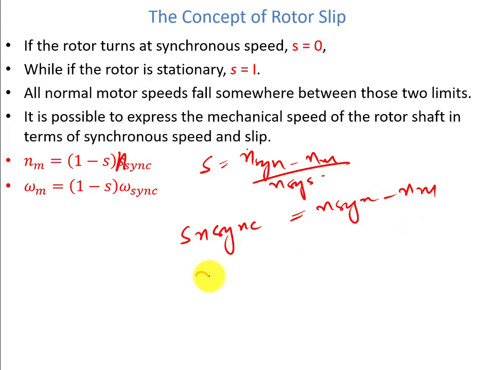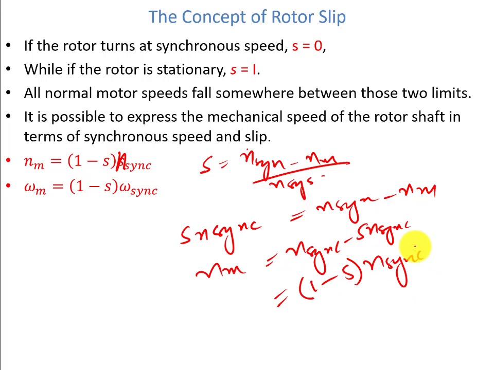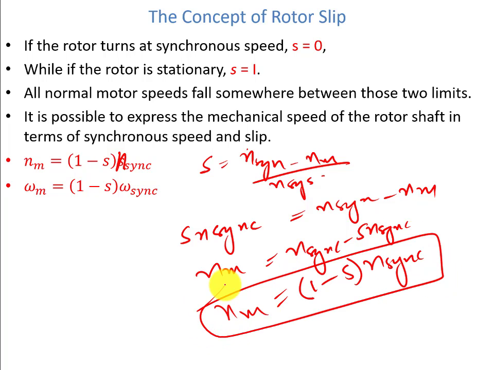Now if we take nm here and this term here, nm is n synchronous minus s into n synchronous. So we can take out n synchronous, so it will be 1 minus s into n synchronous. This is just another way to find this mechanical speed using the same relation, just a little bit manipulated.